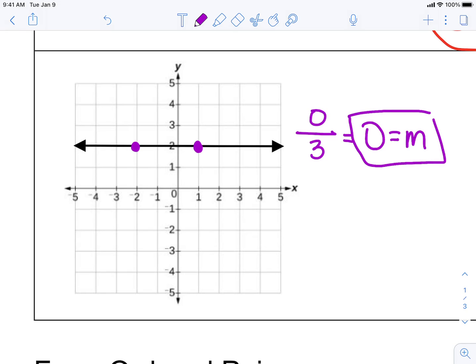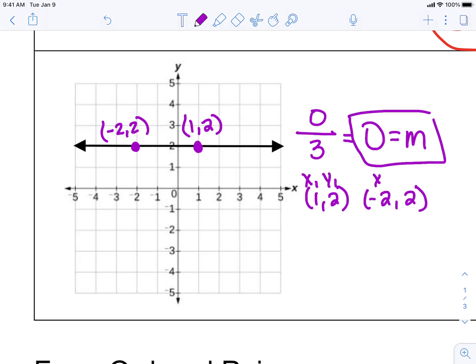Okay, if I wanted to use the 2 points, I have -2, 2, and I have 1, 2. So I use my 2 points: x1, y1, x2, y2, because it's the second point. And I plug and chug.